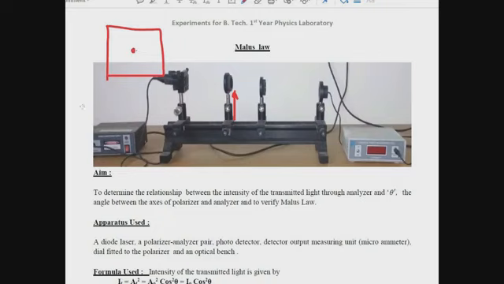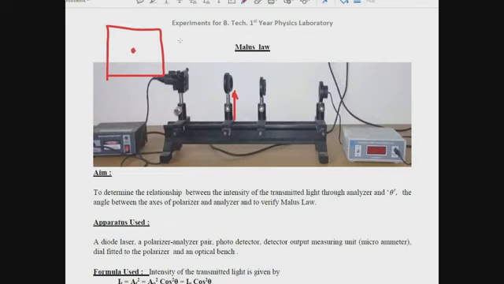The light which is falling from the LED should directly hit this particular dot position. Only then will we be able to find that maximum current is being detected, and that can be measured through the microammeter that is connected here. So the light from the LED must fall onto this dot at the center of the photodetector. This is a very important criterion.